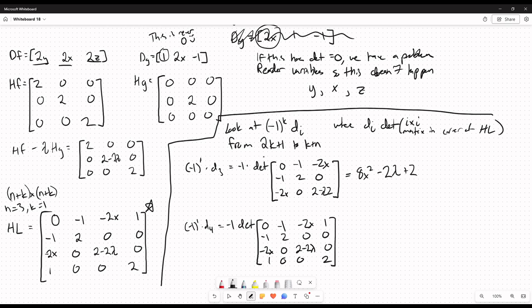And that's just gross. So I would go ahead and use some tool to take the determinant of that. You can do it without, but I would suggest it.